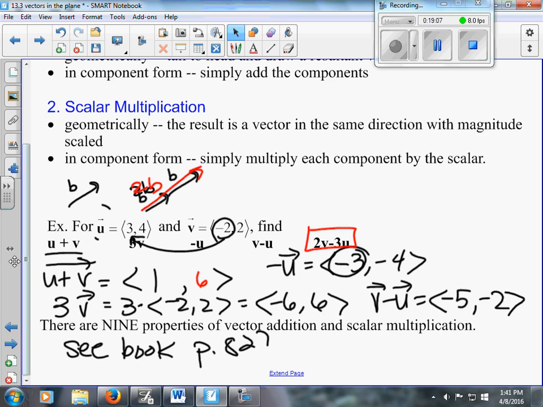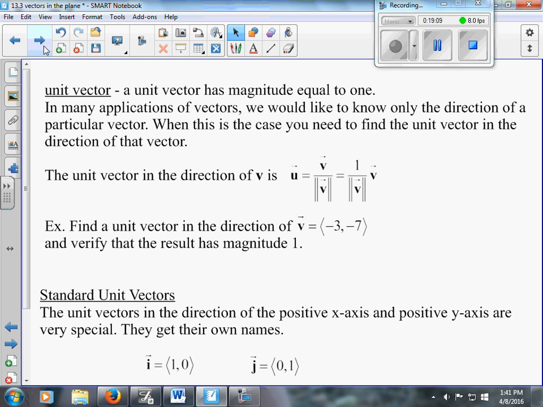The vector in question is -3, -7. So if I put this in standard position, and I just plot the point -3, -7, then that would be the head of my vector. And so we're talking about this vector right here, b. It has sides of magnitude 3 and 7, but it goes left 3, down 7. So obviously the length of b is not 1, okay? How long is b? Well, we just did that.